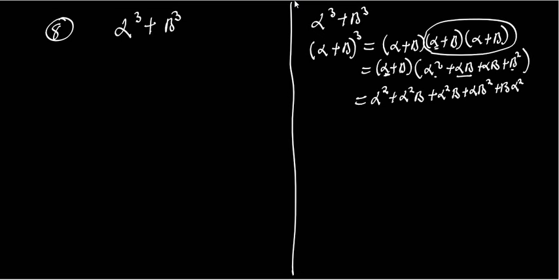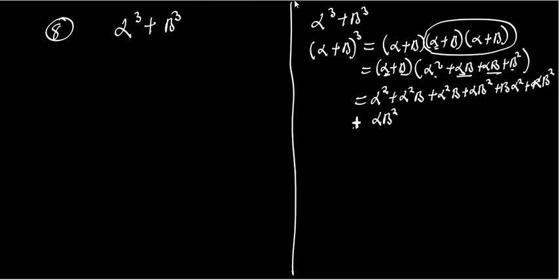Beta times alpha beta is alpha beta squared.